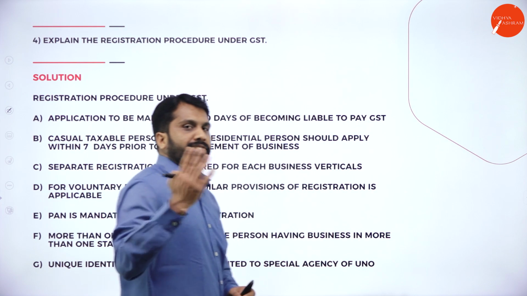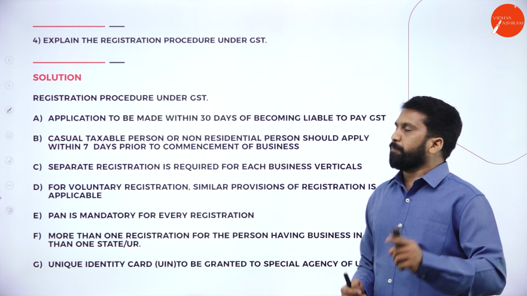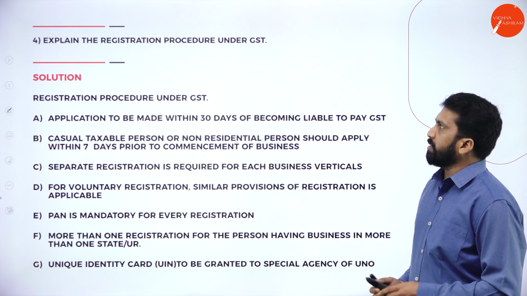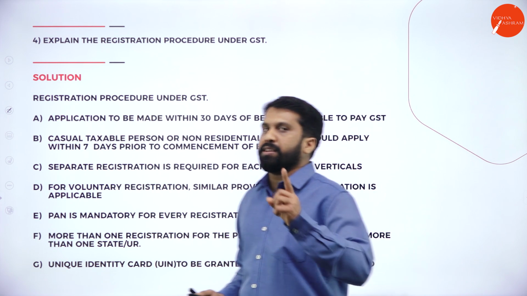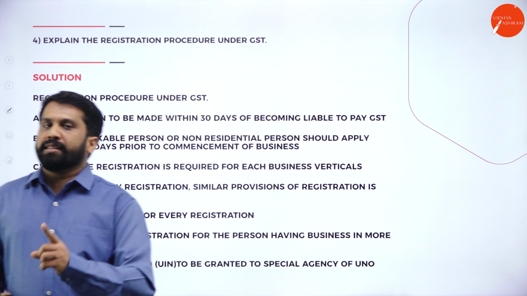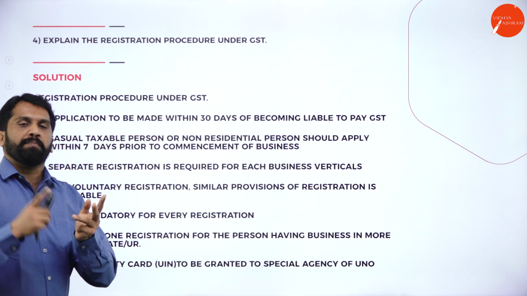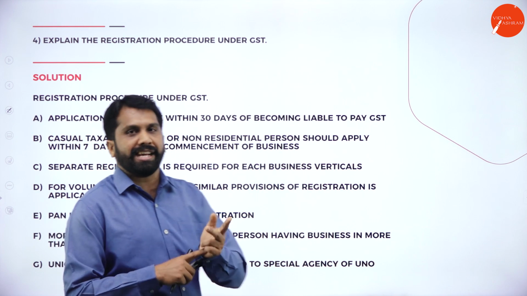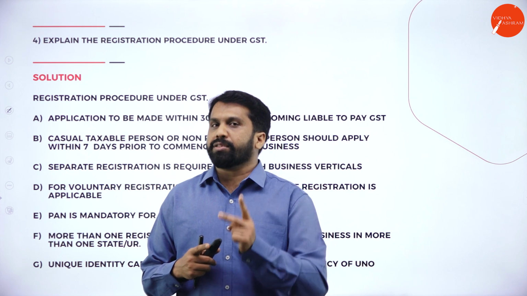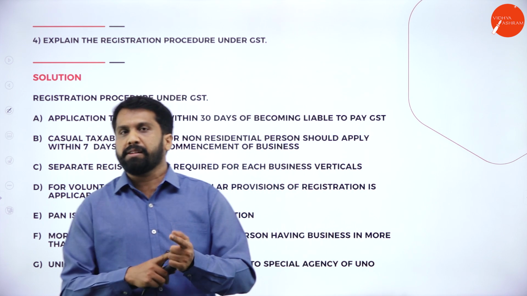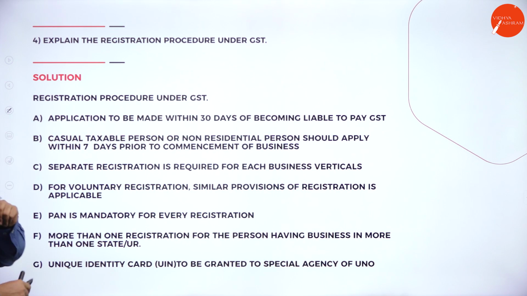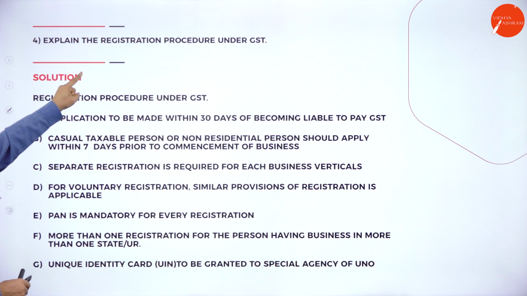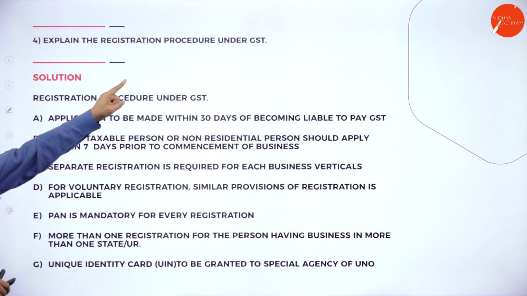Now we are in the last question of your session 1. So again, this will be your 20 marks. As I told you, for 20 marks you will get one theory question. This will be your registration procedure, prohibition of import and export, or else the third question will be types of custom duty. In the last year question paper, they have asked, explain the registration procedure under GST.